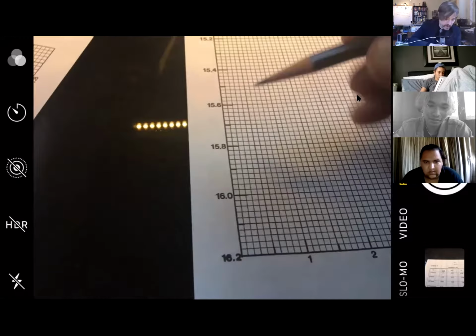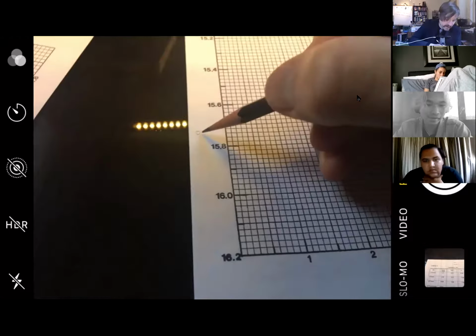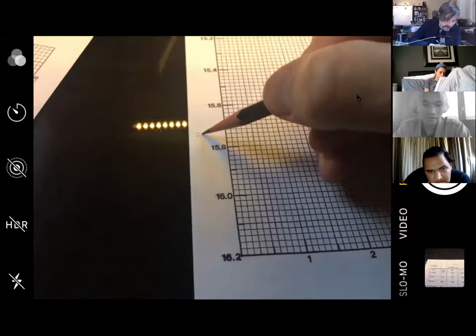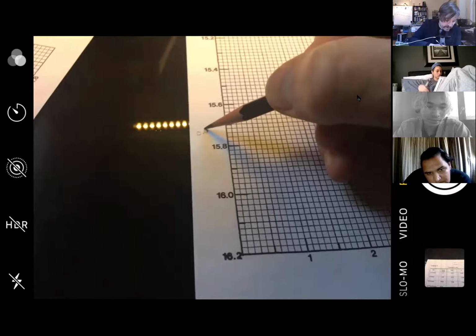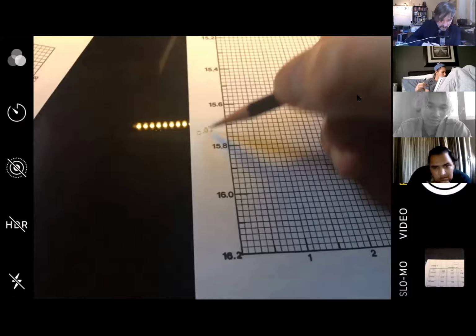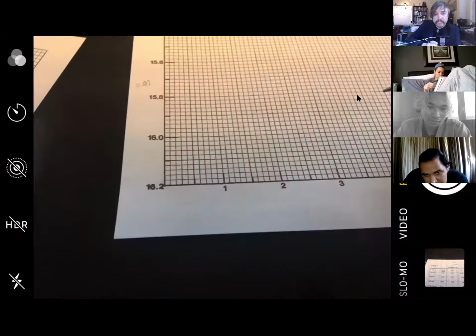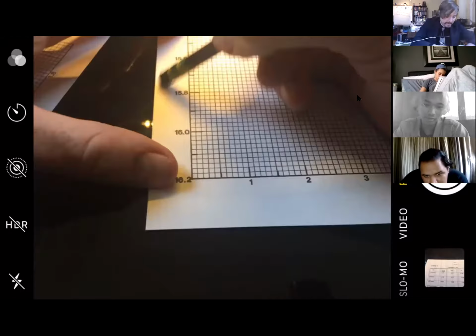Very good. So it's 0.02 per box here. Arunsak, what about the x-axis? 0.1.